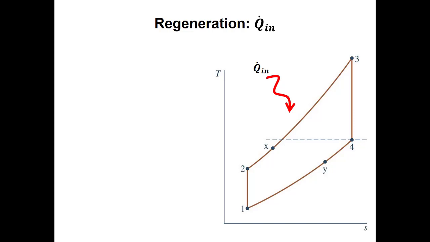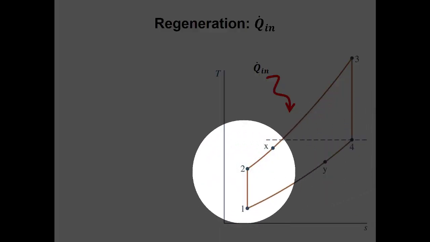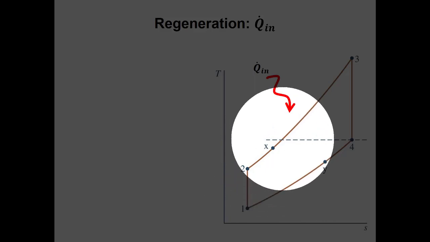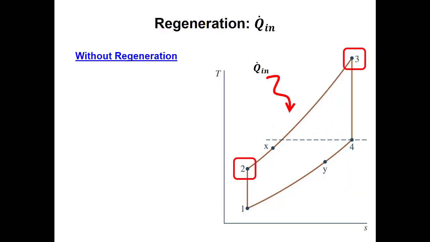If you put a frozen pizza into an oven at, say, 350 degrees and you forget about it, then eventually that pizza will get up to 350 degrees and will probably be a charred mess inside the oven. Now, the temperature can't get any higher than 350 degrees because that's the temperature of the oven, right? So here our regenerator can only heat up this fluid before it goes into the combustor up to the temperature that it was at state 4.